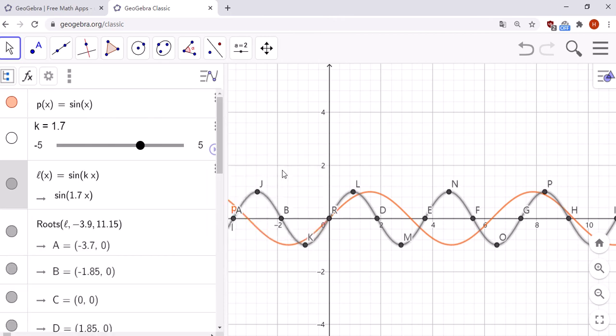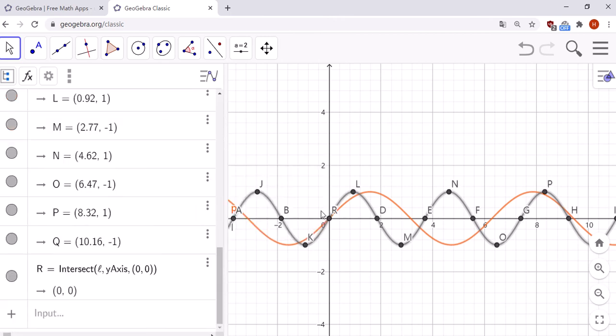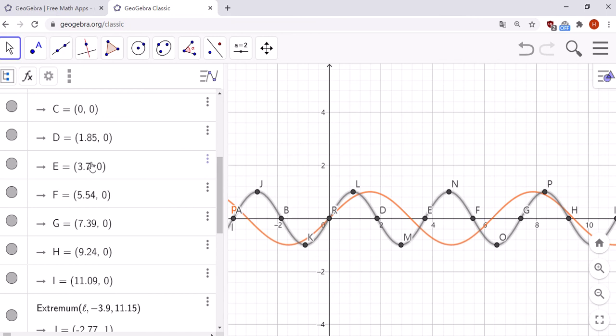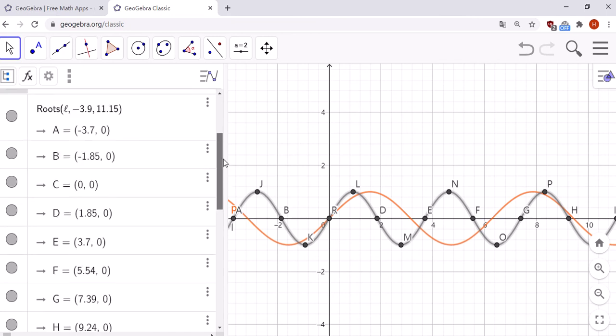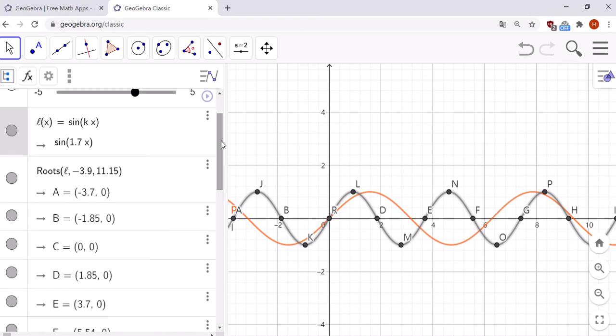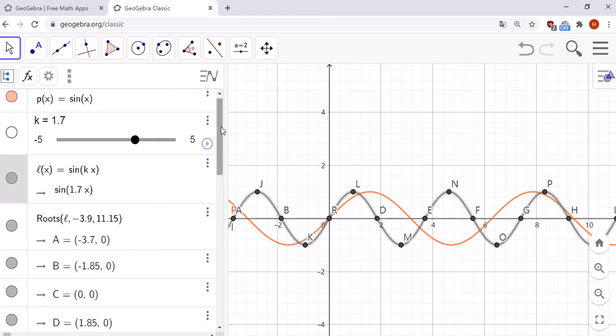From R to E, R is (0, 0) and E is 3.7, so the period is 3.7, because 3.7 equals 1 over 1.7.